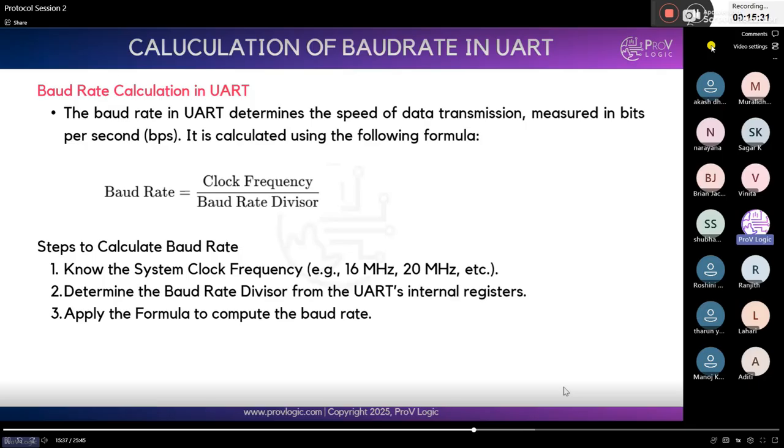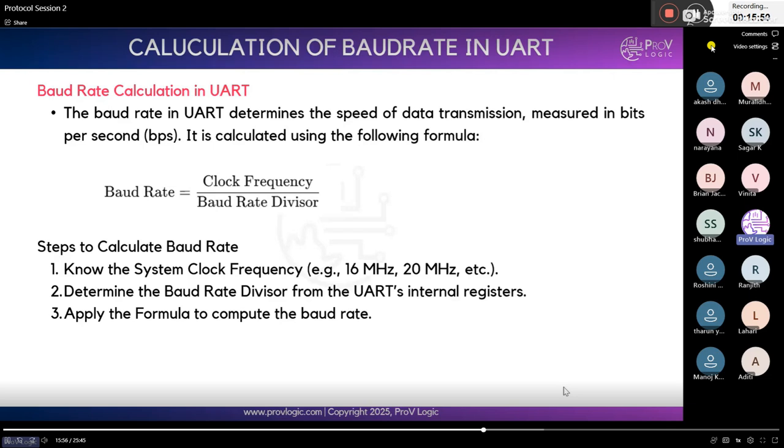We need to match both frequencies without connecting any clock, by using the baud rate. That's why baud rate is equal to clock frequency divided by baud rate division. We need to calculate the divisor also.